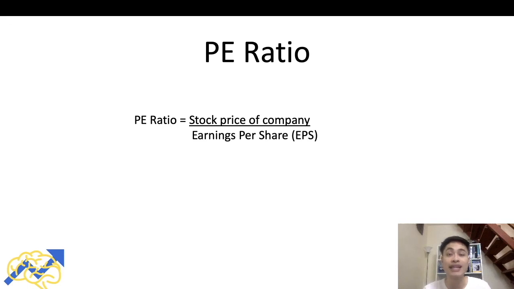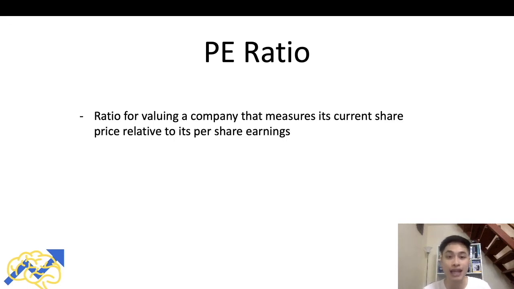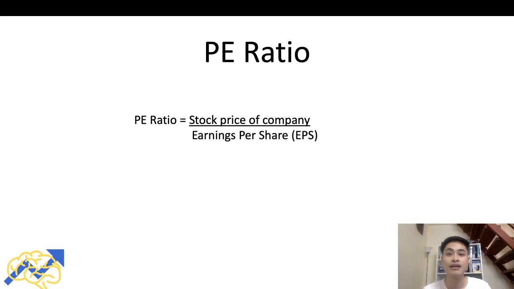So we have our standard layman definition, which is the previous slide, and then the investing and trading definition for PE ratio, which is the formula on the screen above. As a general rule of thumb, the lower the PE ratio of a company, the better the company is in terms of value.